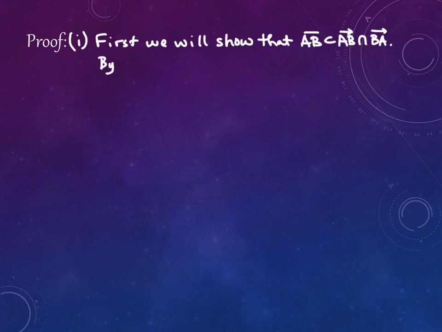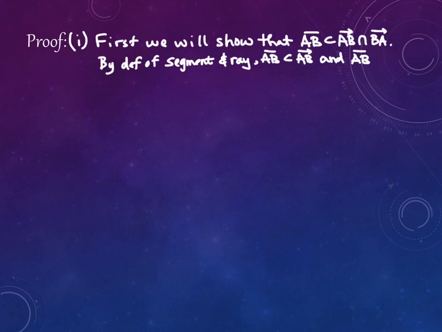All right, so by definition of segment and ray, segment AB is contained in ray AB, and segment AB is contained in ray BA. That's part of the definition of segment and ray in particular.